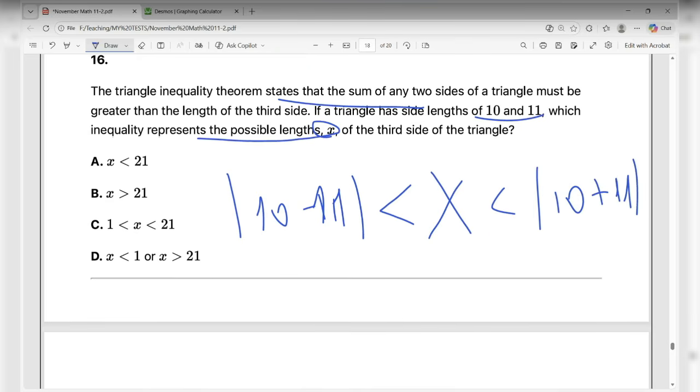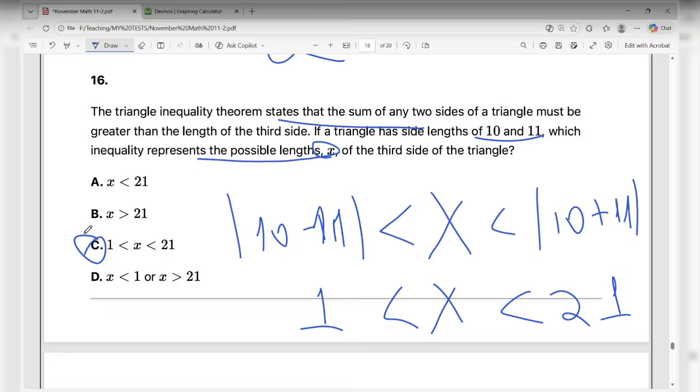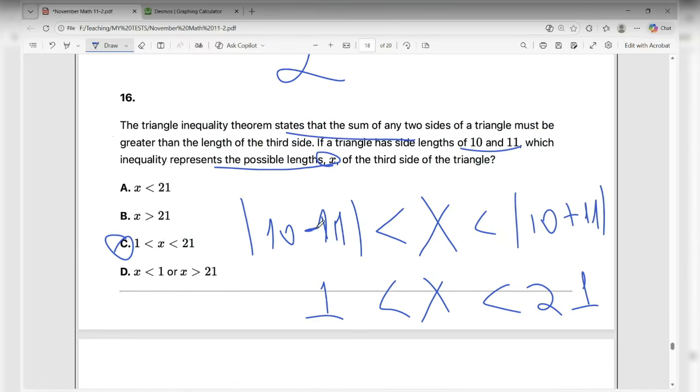This is a shortcut, x must be between 1 and 21. That's all. C option. If you already have two sides, to find the third one, it must be between the difference and then the sum.